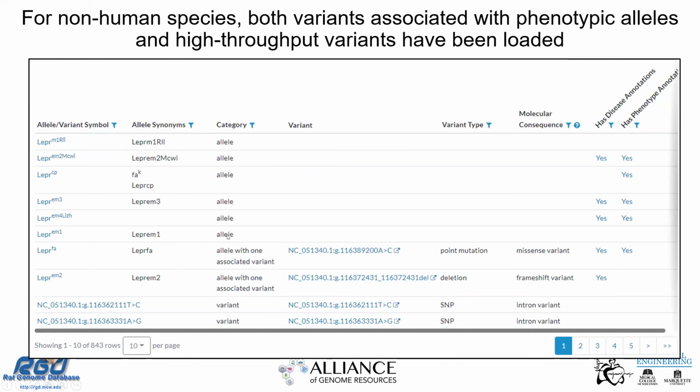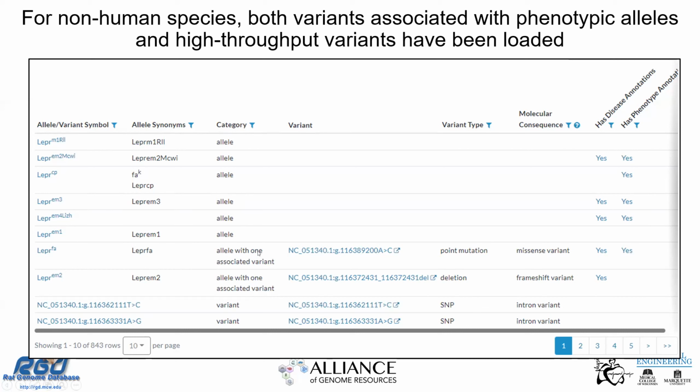But there are additional alleles that don't have variants curated for them, either because they're not known or because we haven't gotten to them yet. So here is where there are additional categories of allele variant data. So these are all alleles that don't have variants annotated to them. These 2 are alleles that each have 1 associated variant, and for some of the species, there are alleles that have more than 1 associated variant.